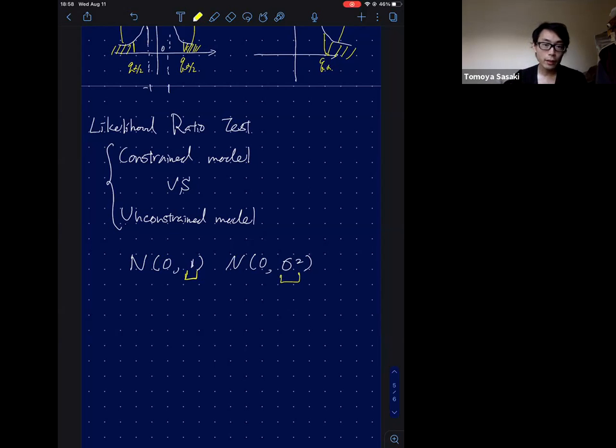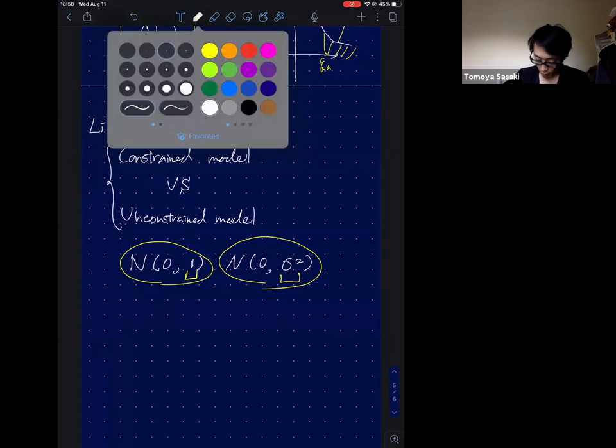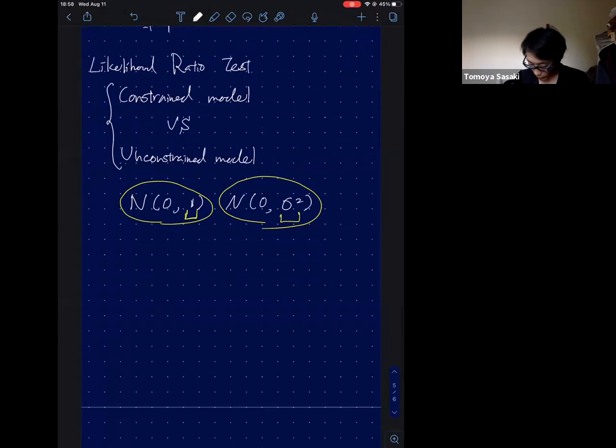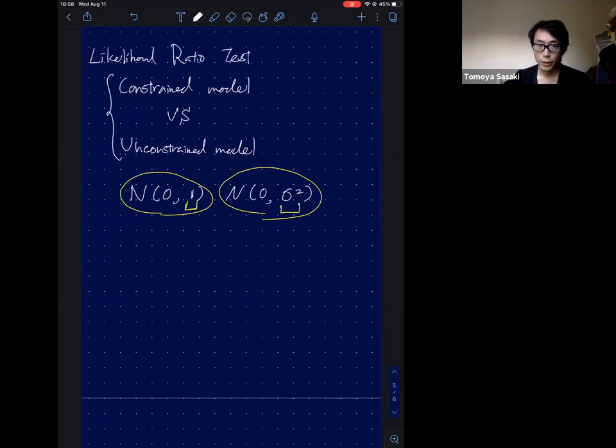So you take the likelihood for each, and you compare which is more likely to happen. That's one of the constraints that you can apply, and that's a brief overview of the log likelihood ratio test.